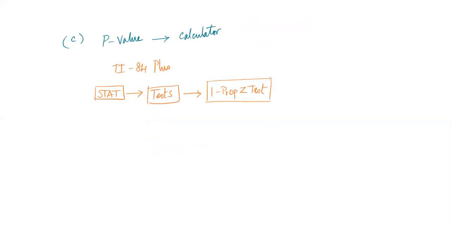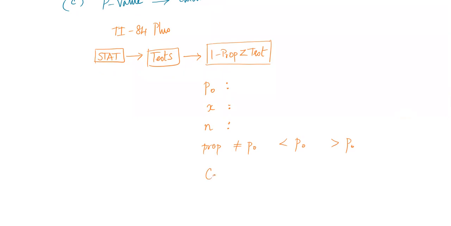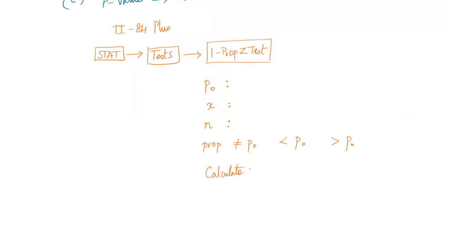Then it shows you these prompts: P naught, then X, then N, and then prop not equal to P naught, less than P naught, greater than P naught, and then calculate and draw. Let's focus just on calculate. You'll have to enter values for all of these.